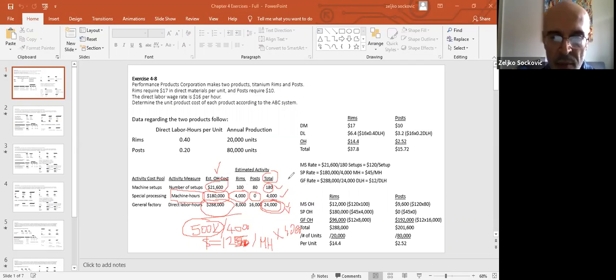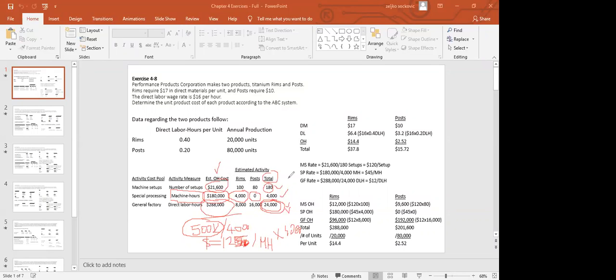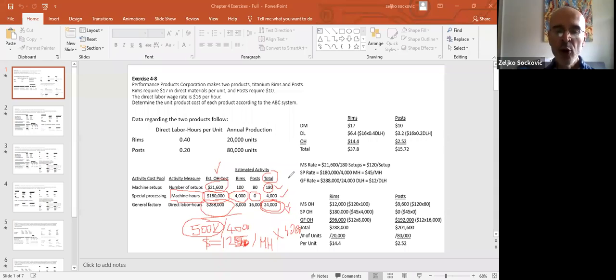Does that seem right to you? Does that make sense? No, we overstated the cost for rims. Correct. Very good. I was worried you were going to go somewhere else with this. We overstated the cost for rims, not overstated cost in general. The cost is 500,000 in this case, just for overhead, not labor or materials. But the problem is that we would apply these 500,000 in full, 100%, to rims.